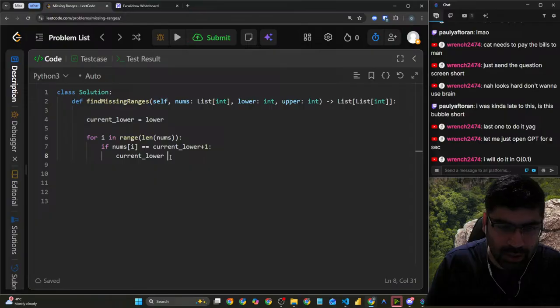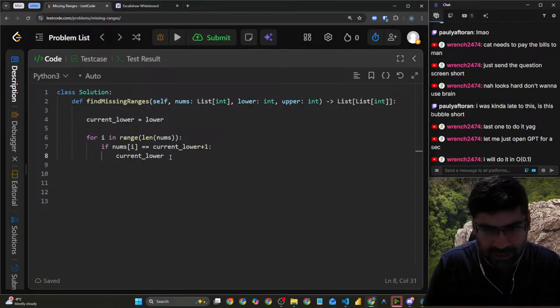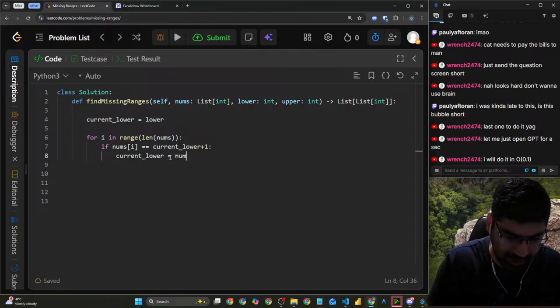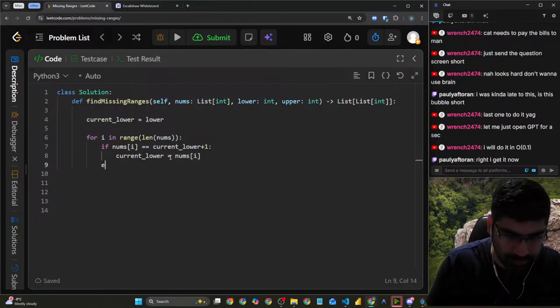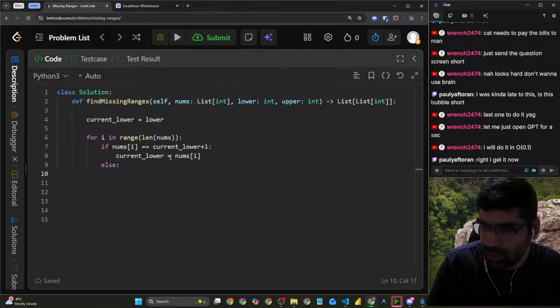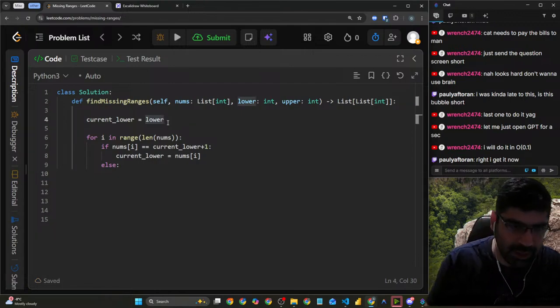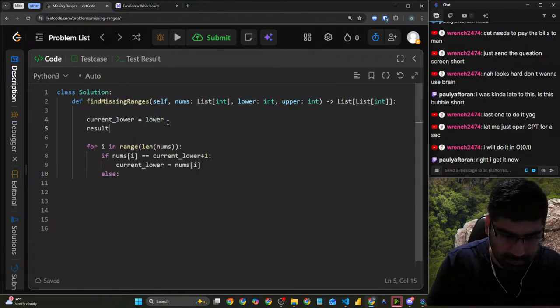If current lower plus 1 is equal to num, then current lower updates, else... And I will have result as a list.